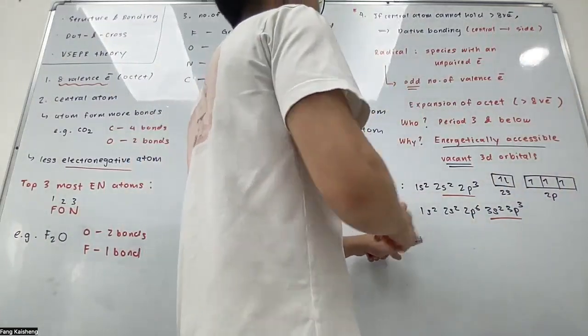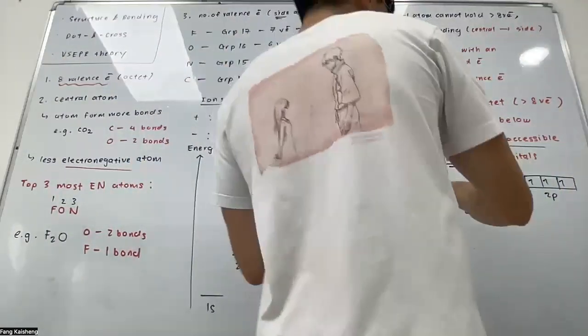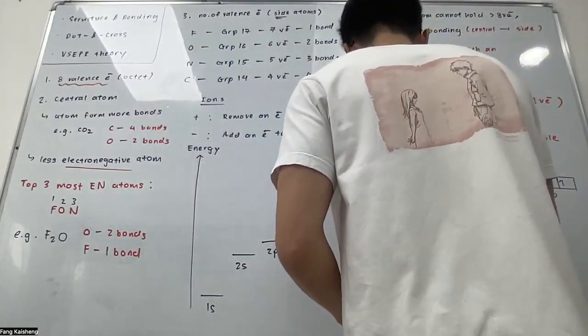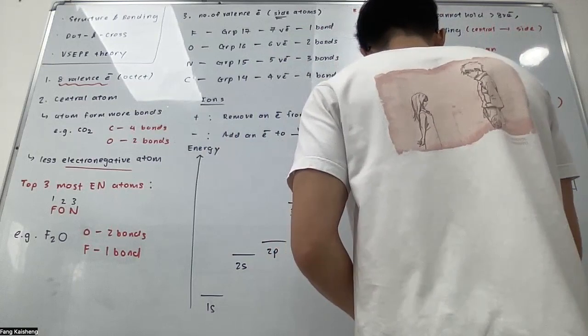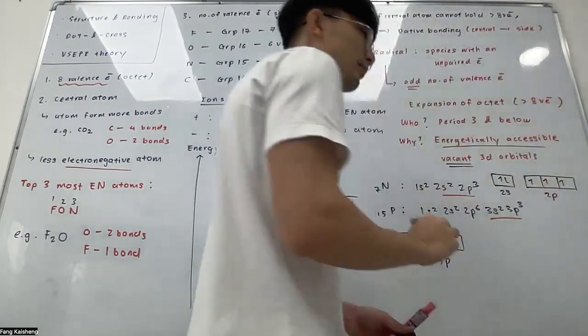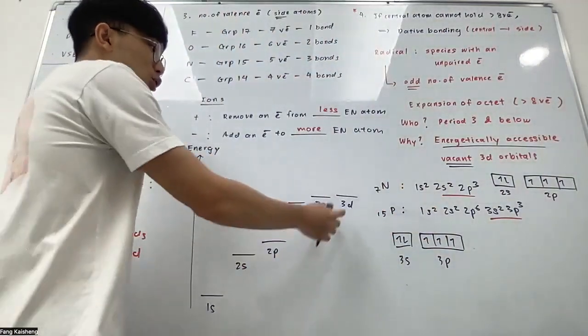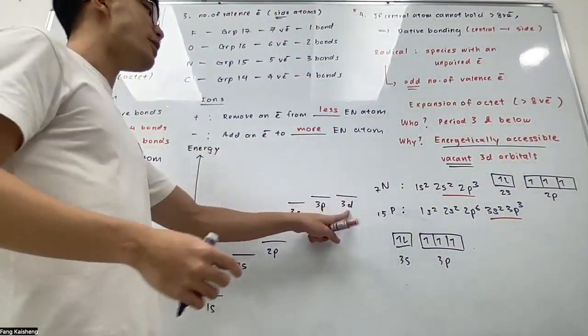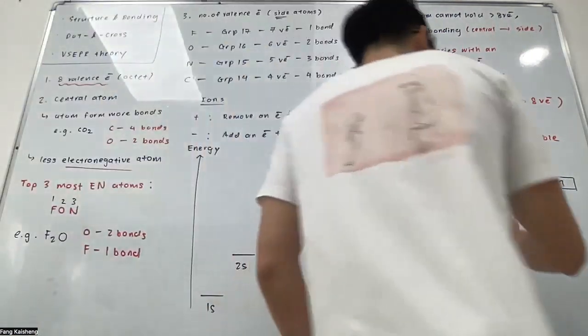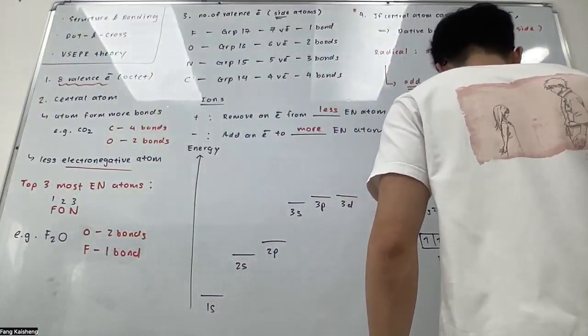But now let's explore a period 3 element. I'm going to draw 3s. 3s is basically 3s2, same as before. 3p is also 3p3. See that? But guys, because 3d is very, very close in energy to 3p, we can also take 3d into consideration.